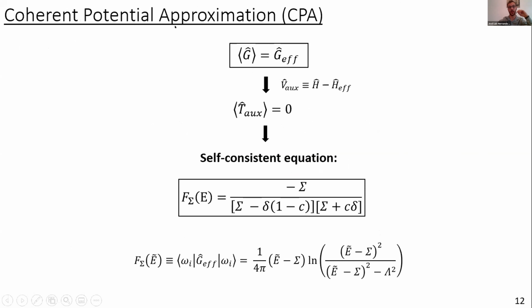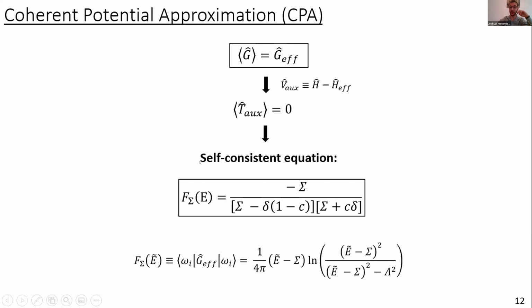Let's start with the coherent potential approximation, the CPA, which consists in asking the Green function associated to the effective Hamiltonian to be equal to the average Green function. Well, through an auxiliary potential, this transforms into the condition for the transfer matrix. Its average value must be 0, and this also leads to a self-consistent equation.